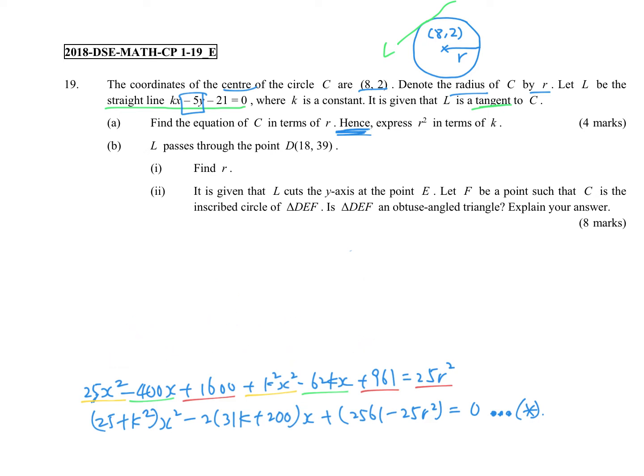Okay, great. So from the equation star above, since the circle is tangent, right? Yeah, it's tangent, so delta equals 0. So in order to have delta equals 0, that's why 2 times 31k plus 200, and then b squared minus 4ac.